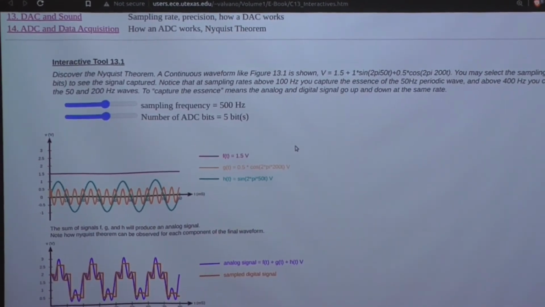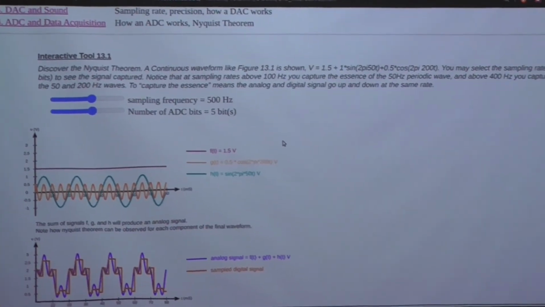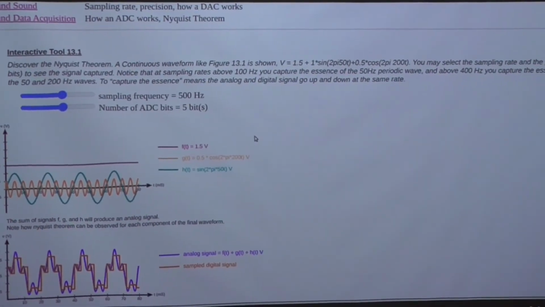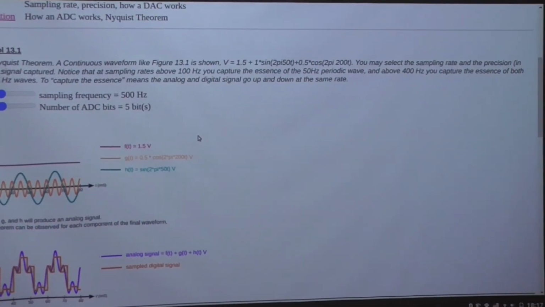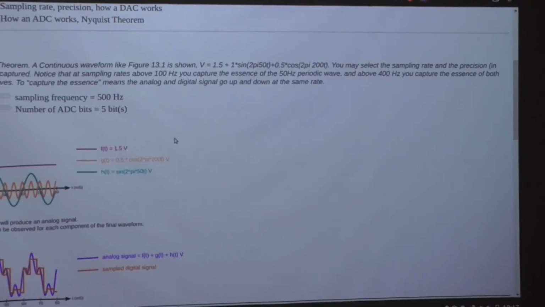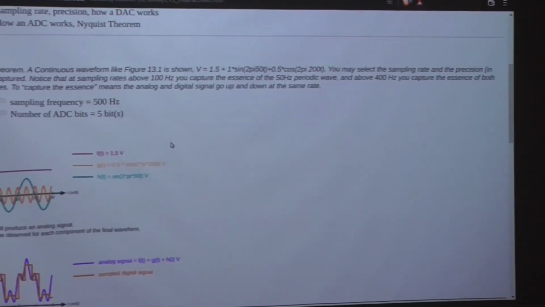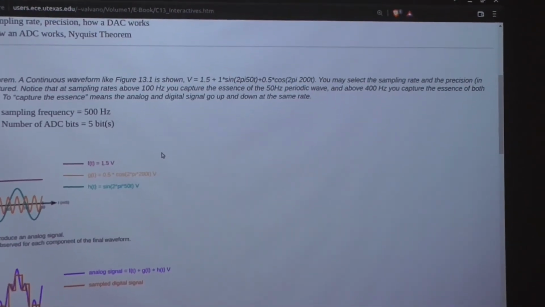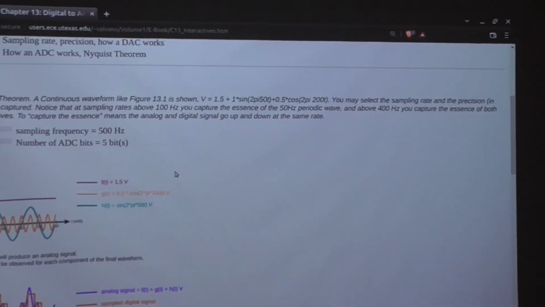Question? Why is it necessary to then use lower sampling frequencies in certain applications? Why don't we just use a high sampling frequency all the time? I'm so glad you asked. So the question is, why wouldn't you just go as high as you could, like all the time? Why wouldn't you use all the bits? Why wouldn't you use all the frequency? The answer, of course, is power, right?